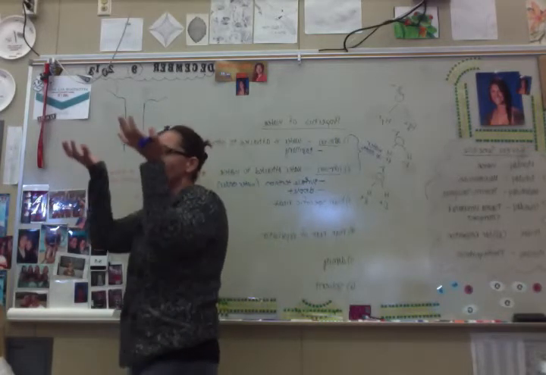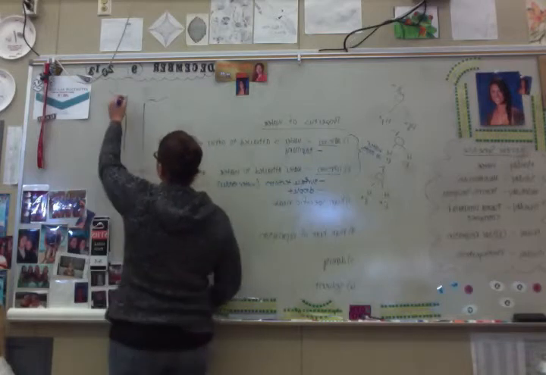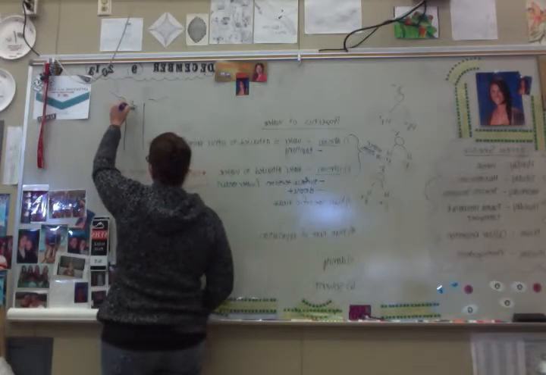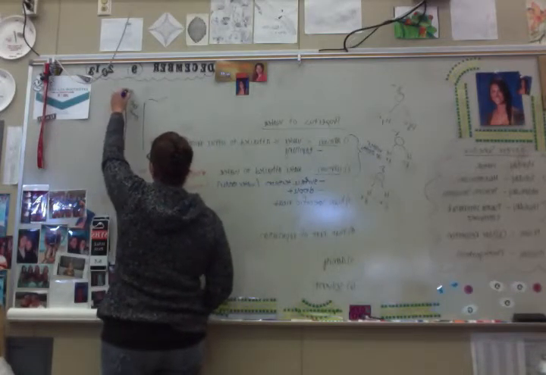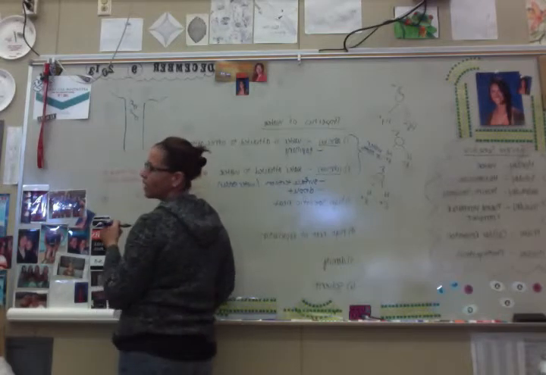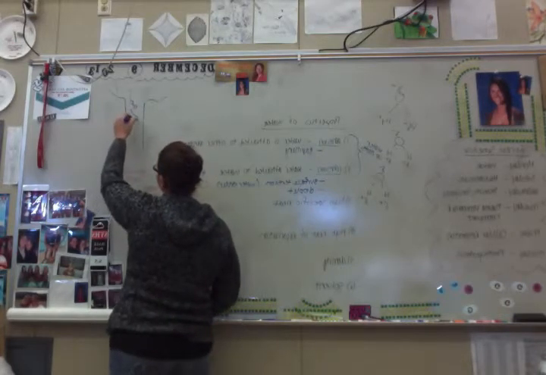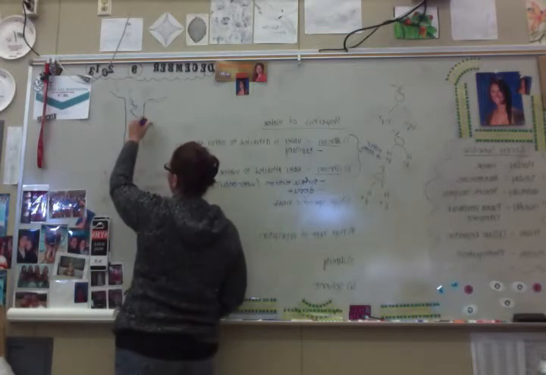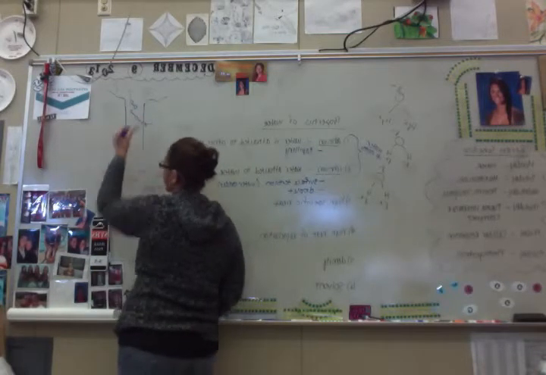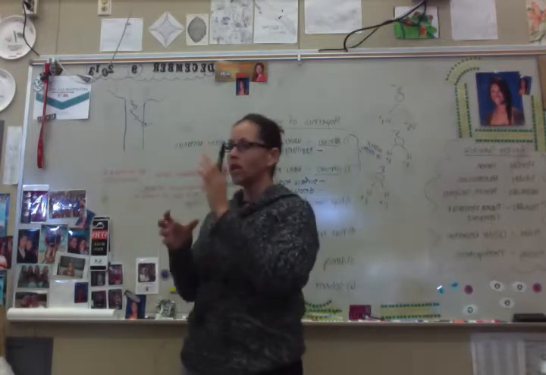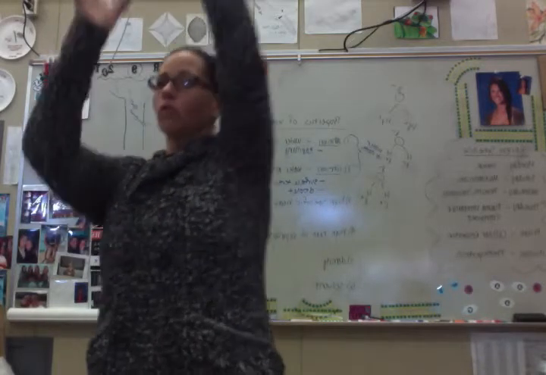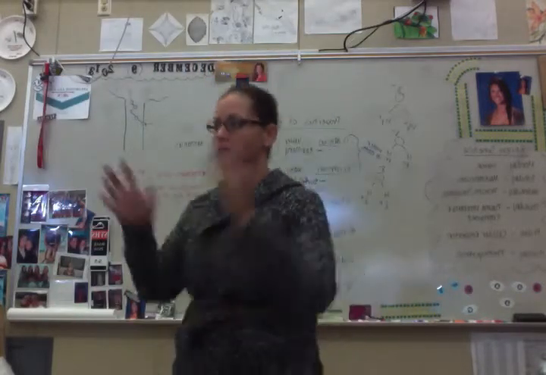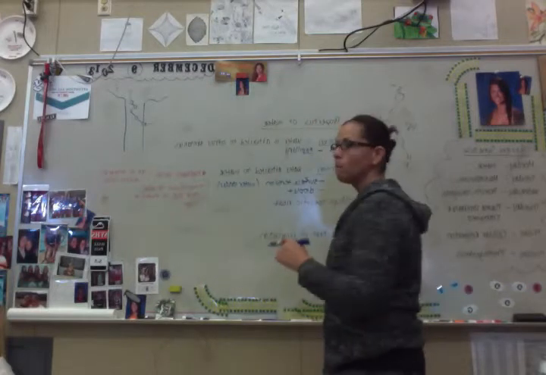But the reason that happens is because water molecules are attracted to themselves. So when one leaves, the next one comes up, right? The thing that allows them to travel is that they're also attracted to the side of the tree. Okay, so them being attracted to the inside of that little tube and also being attracted to each other is what allows them to make their way up and into the leaves. Okay? Transpiration. Transpiration is when it leaves, yeah. From the leaf.